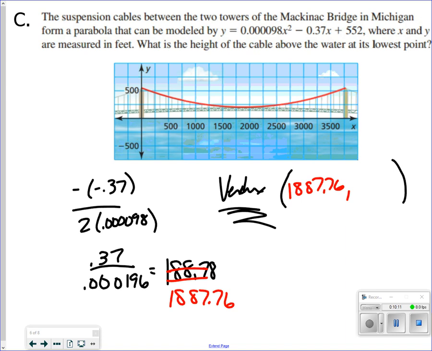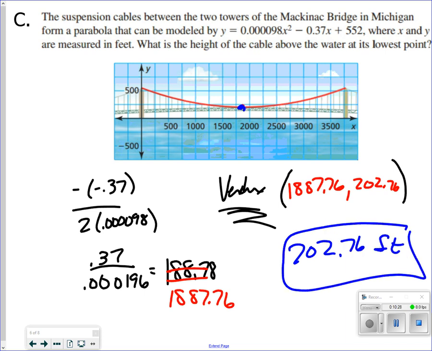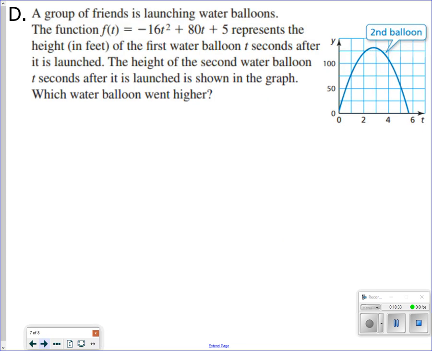So this will give me a better answer, 202.76. So at 1887, so right here on the picture, and I should use a different color, that's the lowest point on the graph, or lowest point of the bridge at 202.76 feet. I apologize for the mistake there. Hopefully it didn't mess you up too much.